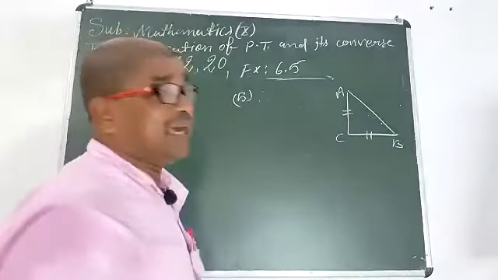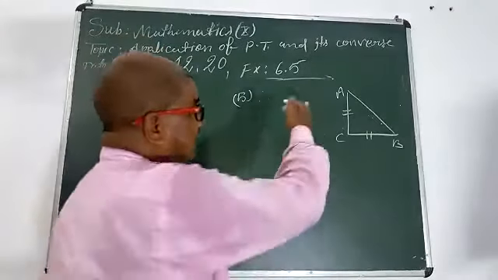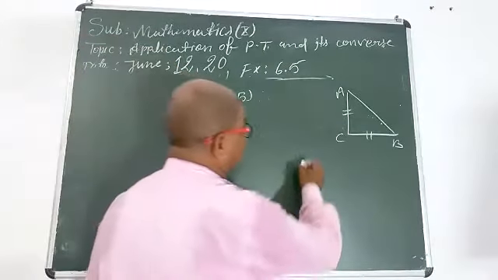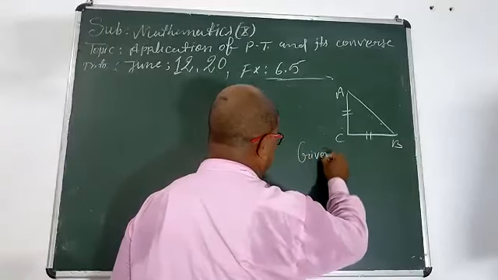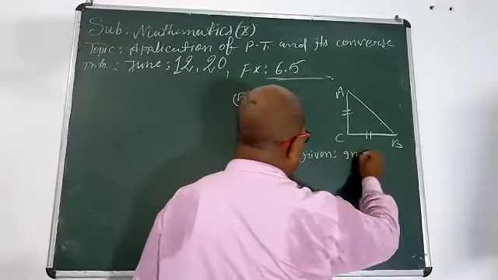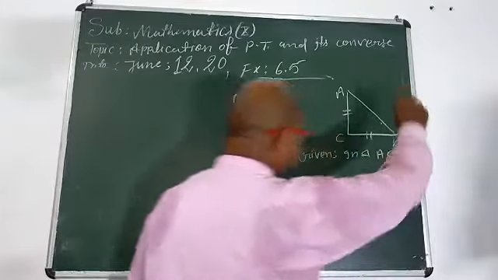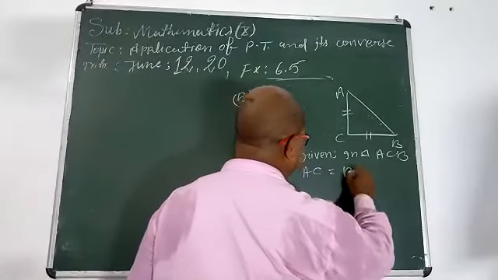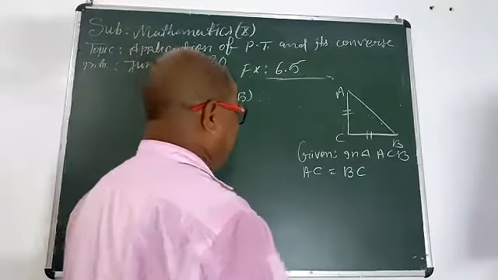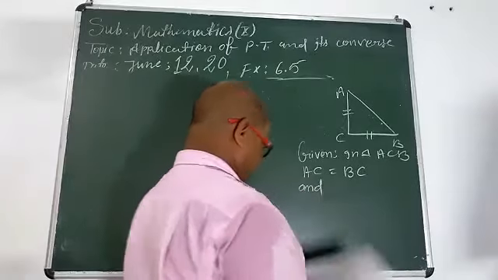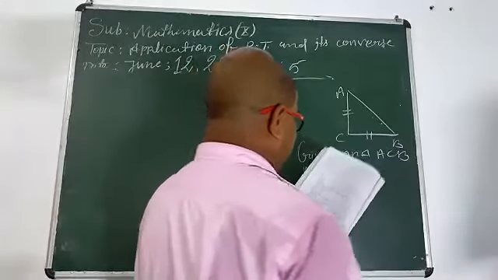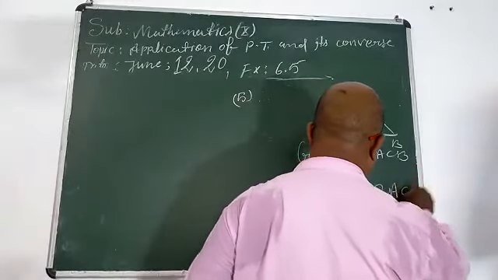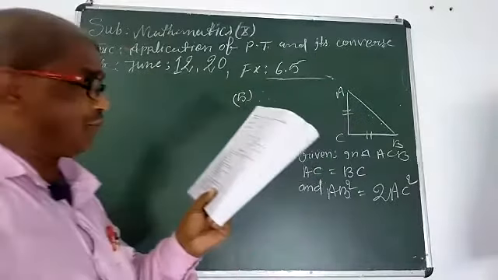This is isosceles, as declared by AC equal to BC here. So the given things in triangle ACB are: AC equal to BC, and AB square equal to 2AC square.